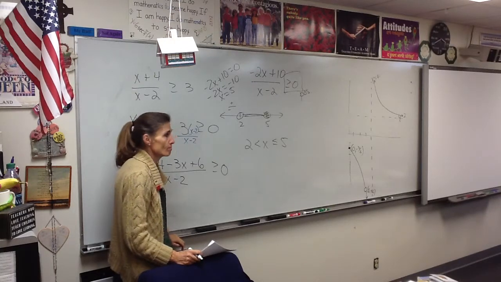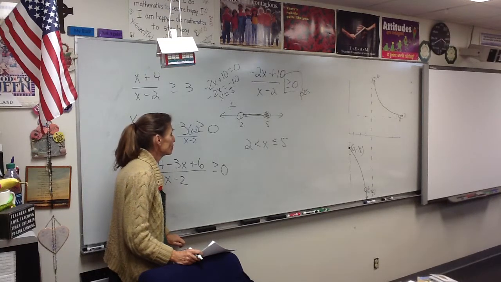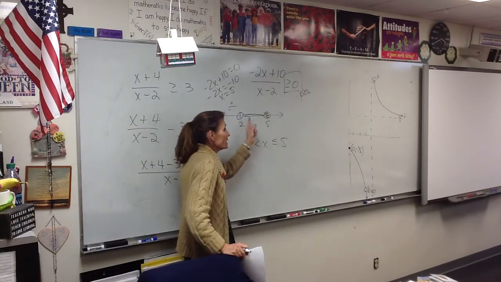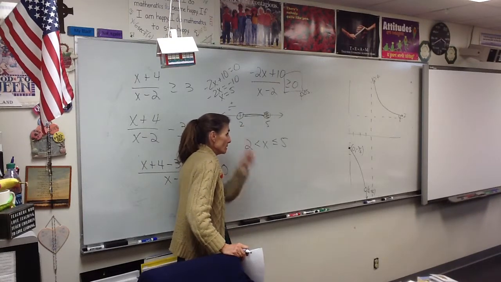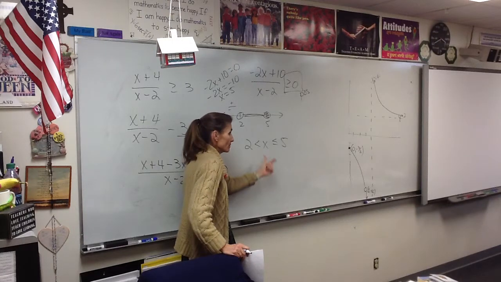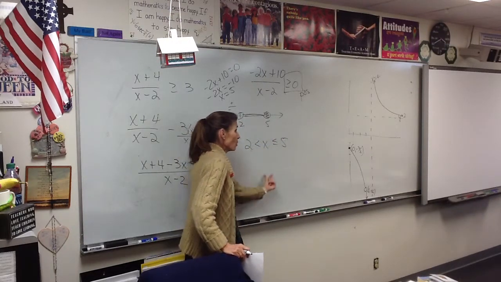Okay. I'm still kind of confused. If it's one piece, when you shade it, how many sections did you shade? 1. So you have 1 answer. If you shaded 2 pieces, it would be this or this.